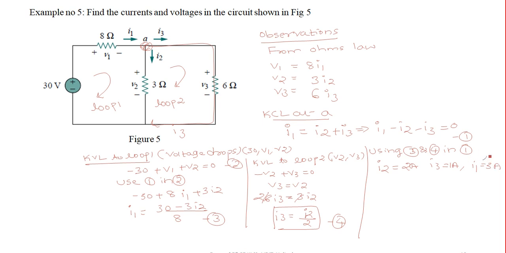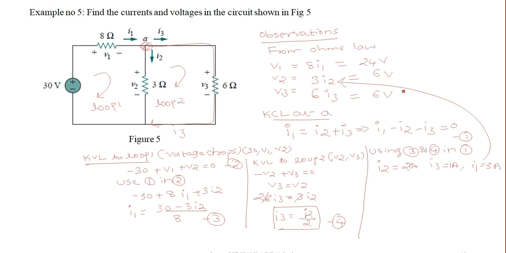If I use these results, then I will be able to calculate V1, V2 and V3. That turns out to be 24 volts, 6 volts and 6 volts, right?